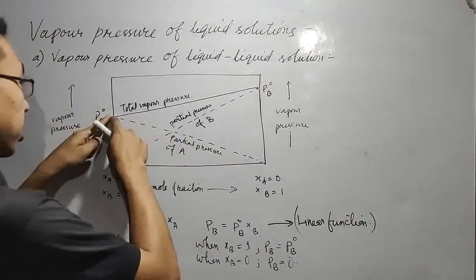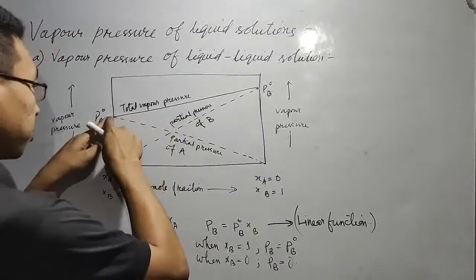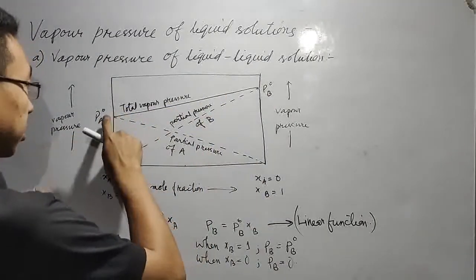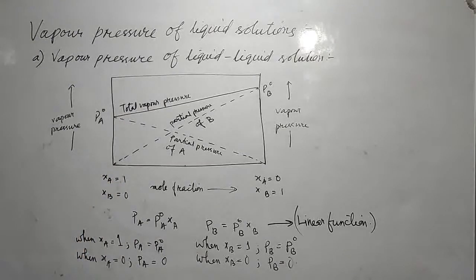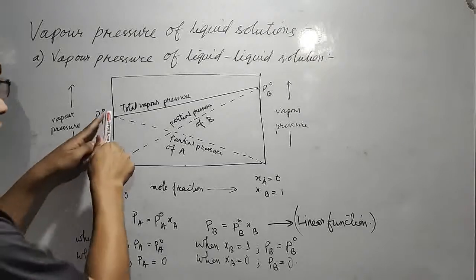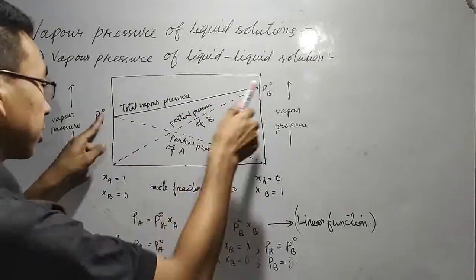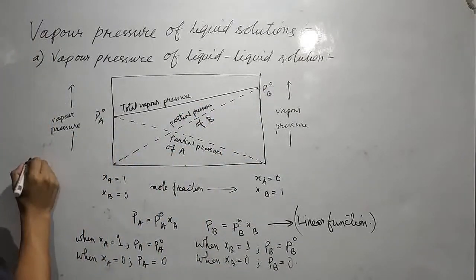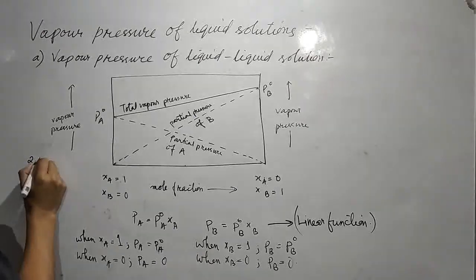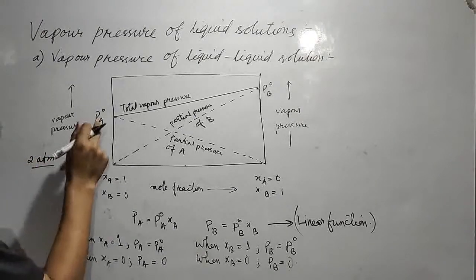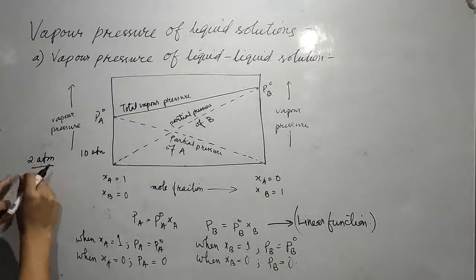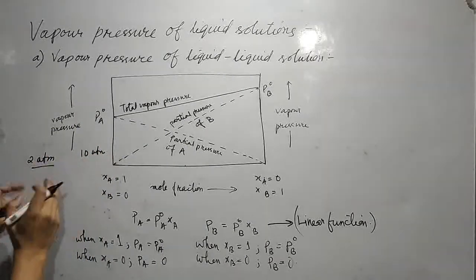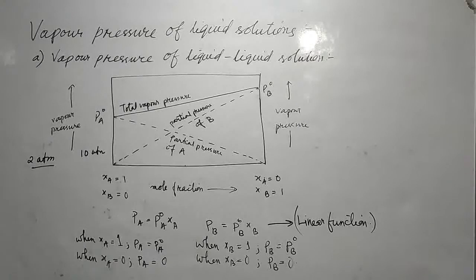So we join these two points, and hence we will get the total vapor pressure. By this we can say that the total vapor pressure is between the value of this one and this one. Suppose this one is something like 2 atm and that one is 10 atm. So the total vapor pressure will be between these two. So that is what it means.